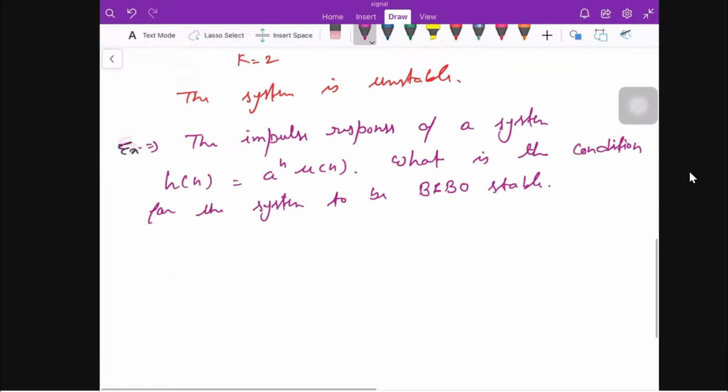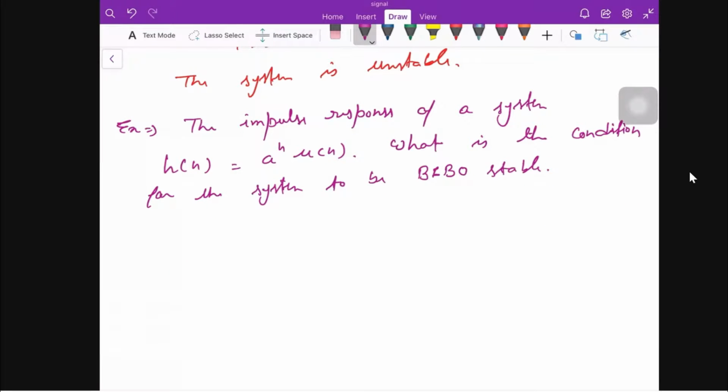Okay, now in answer they have given, or you can say this is a question asked in your GATE exam.